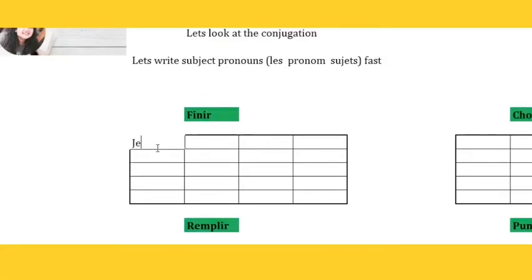Je, tu, il, elle, on, nous, vous, ils, elles. So we have written every subject pronoun.